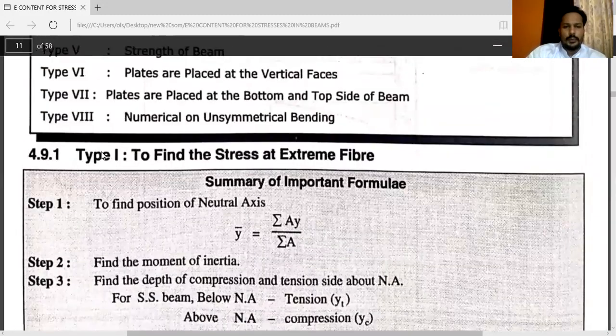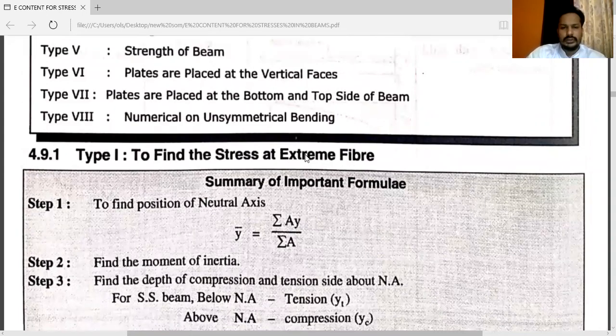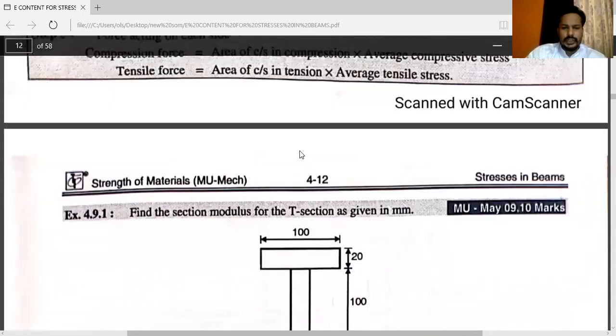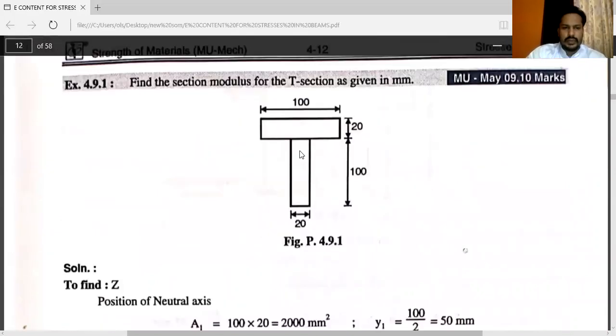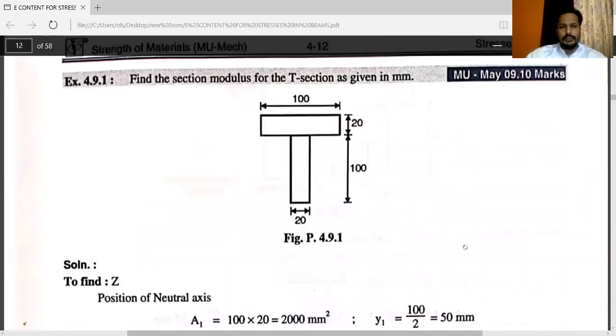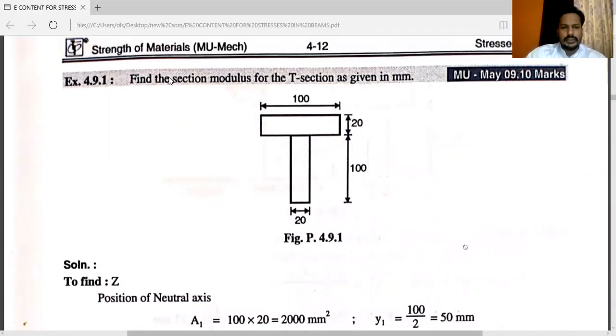See, for type 1, that is find the stress at extreme fiber. Here, for example, we are taking the first problem. Find the section modulus for the T section as given in mm. You can see this is a T section. Already in moment of inertia, we covered different sections.